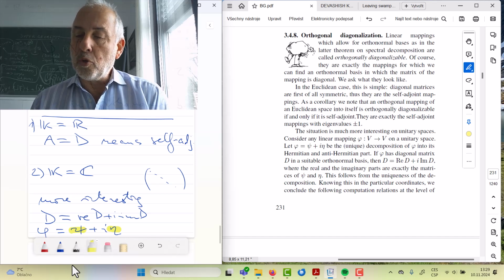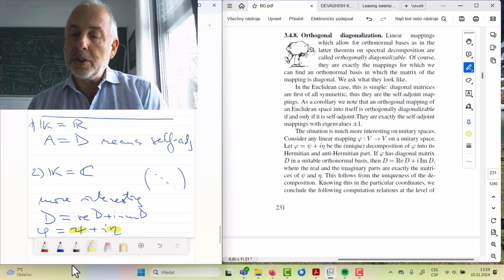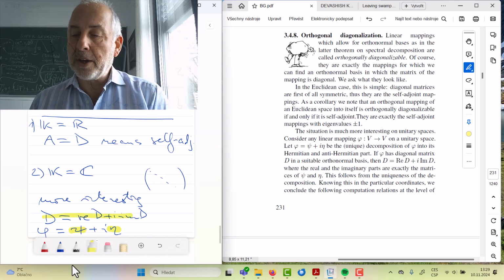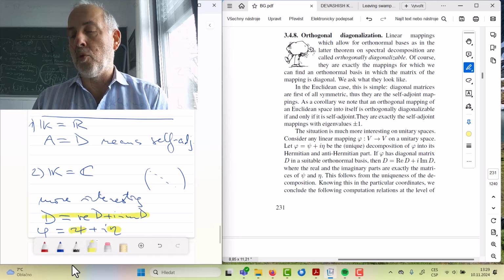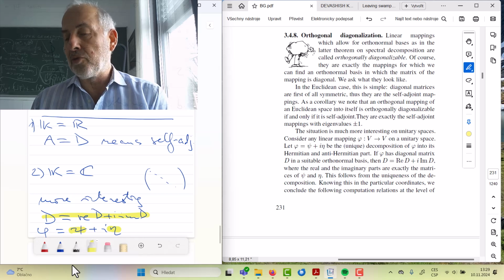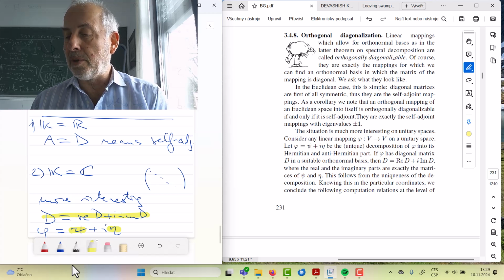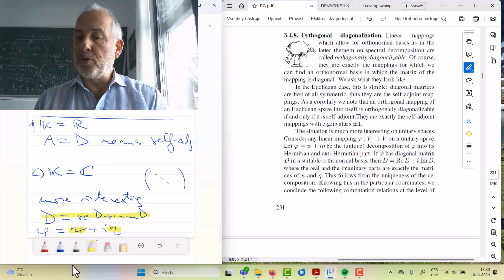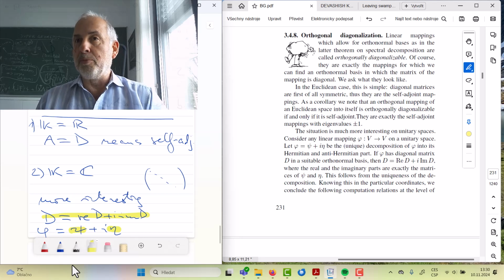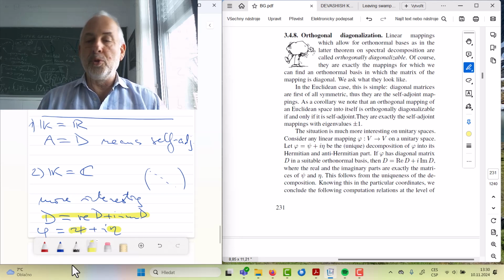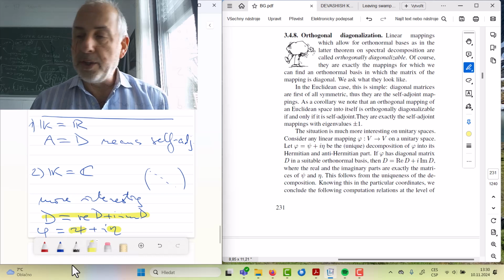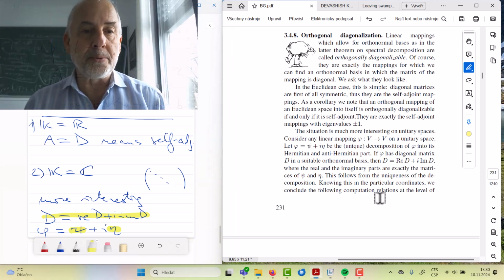And of course, if it allows the diagonal matrix in some orthonormal base, then the psi and eta must correspond to the real part of D and the imaginary part of D. And they have to commute, because we just know they commute in one of the bases, and therefore they commute as mappings. And this happens to be the complete answer.